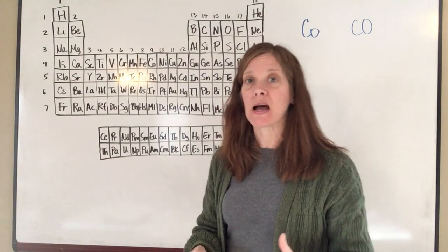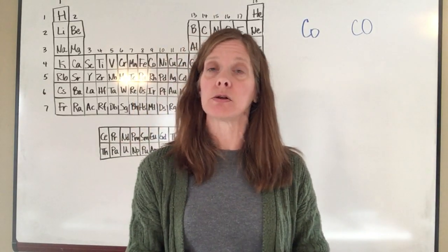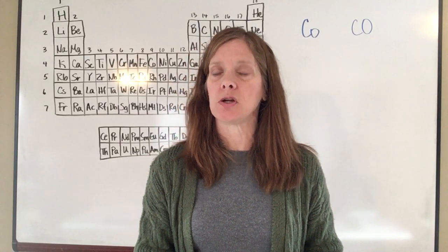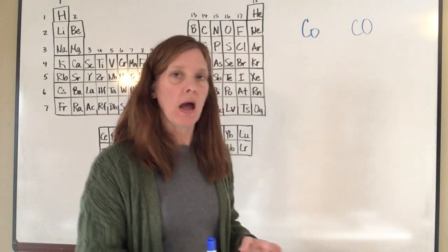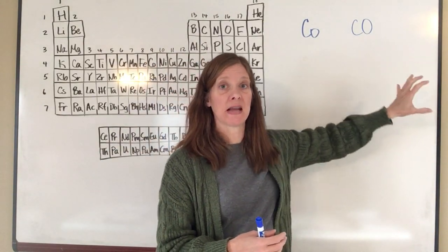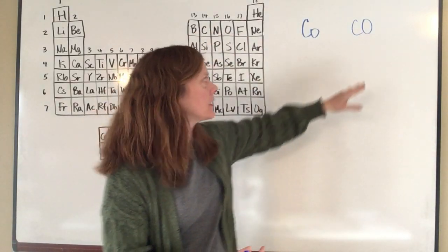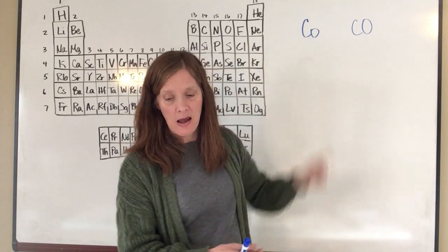Carbon monoxide is poisonous. If you breathe in a whole lot of it, it will kill you, because it binds up the hemoglobin in your red blood cells so that they can't absorb the oxygen they need, since it's easier for them to bind to the carbon monoxide instead. So you actually are going to die if you breathe in a lot of carbon monoxide. So this is deadly. This is not.